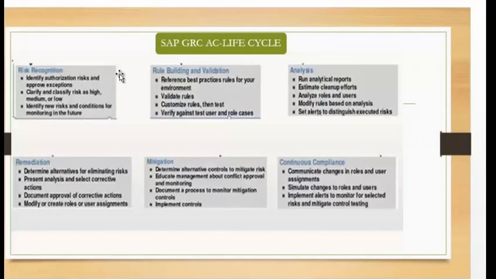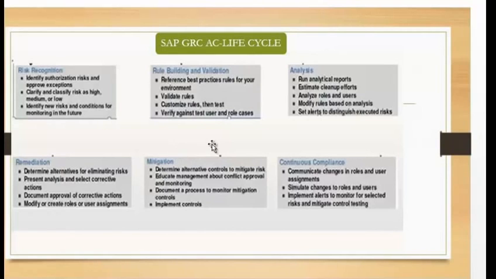The second one here is the rule building and validation. After the business risks are identified and classified, technical rules will be established to monitor the risk. Identification of new transactions, standard or custom, and authorizations necessary for the threat will be identified, and actions will be taken in the next course.